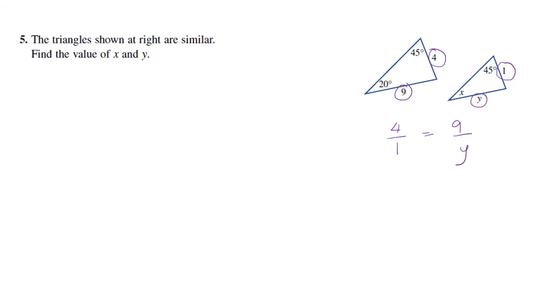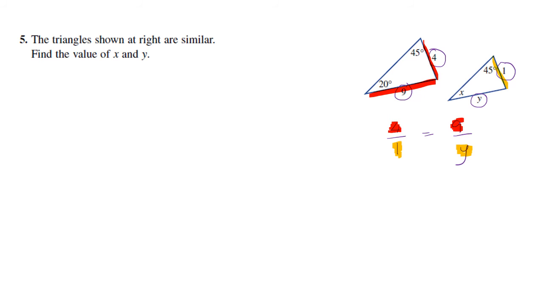Let's color code that so you can see what I just did. With the highlighter, we'll make this red. This side is our 4 divided by 1. Let's make that triangle orange. So we've compared the sides that correspond, 4 divided by 1, and we're going to compare that to 9 divided by y.